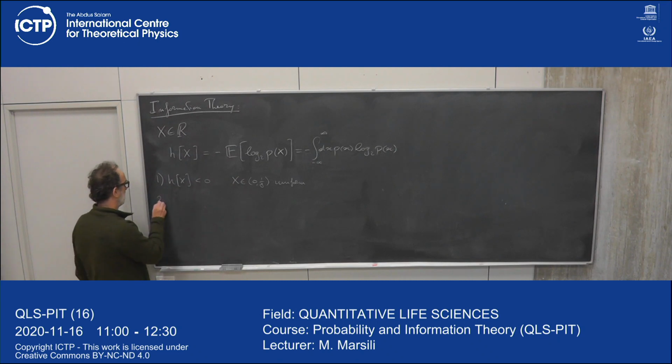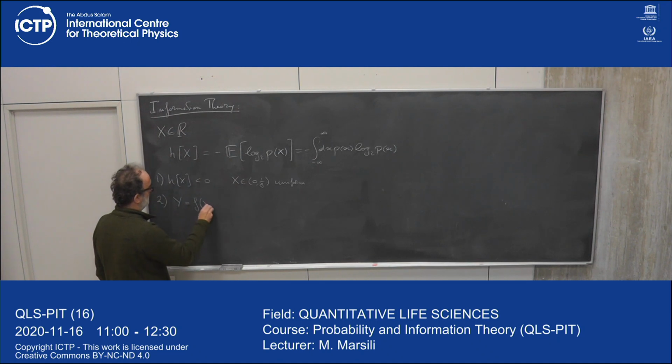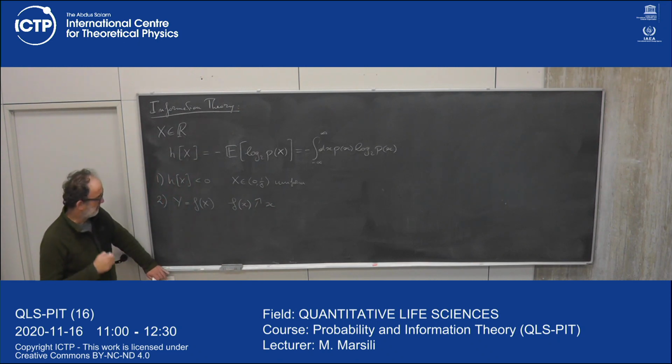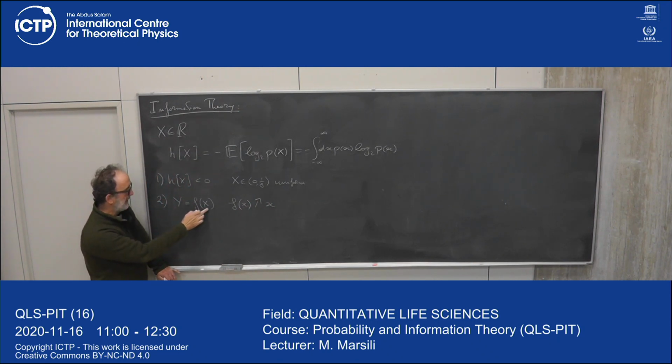Okay. Second problem with this is that now if I make a change of variable, where say f of x is a monotonously increasing function of x, then if x is a discrete variable, this just corresponds to changing the labels of x, because it maps every point of x into another point of y, but the distribution is exactly the same.